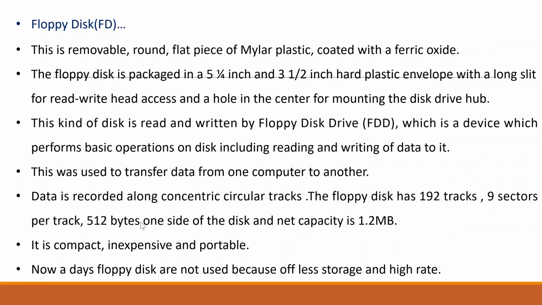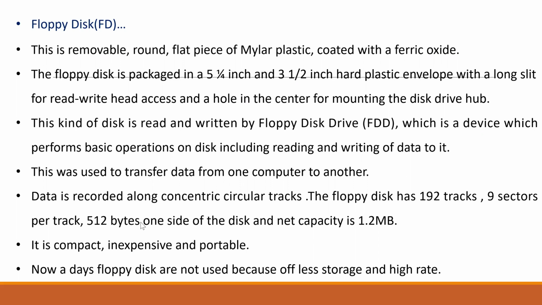Now we are discussing the floppy disk. This is removable. Removable means you can remove it and put it in your pocket and carry it. It is a flat piece of mylar plastic coated with ferric oxide.